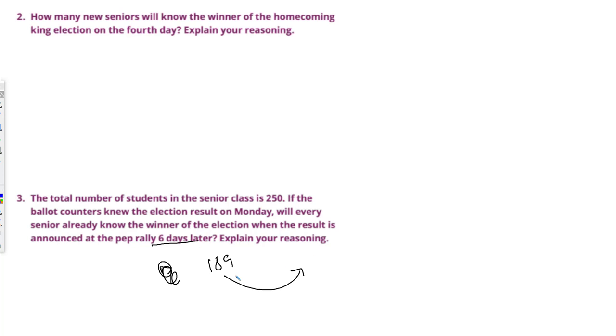So on the 6th day, not everybody would know. There would still be 61 that don't know, because on the 6th day, it was 189. And so this is all using that table to help us figure out our pattern.